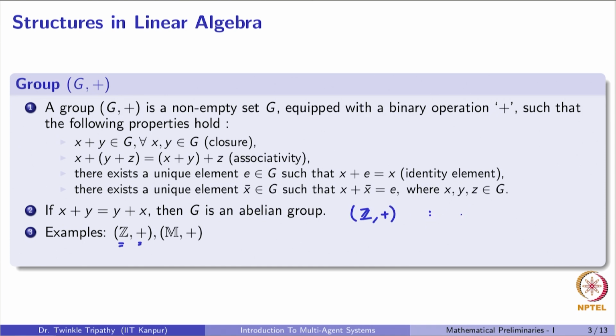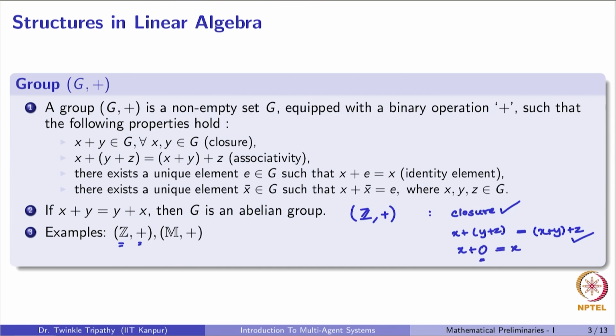To start with, whenever we add any two integers, obviously it is still an integer, meaning it satisfies the closure property. The second one is the associativity. Of course, if I add two integers, this holds, meaning the associativity also holds. And what is the unique identity element here? That is obviously the element 0.